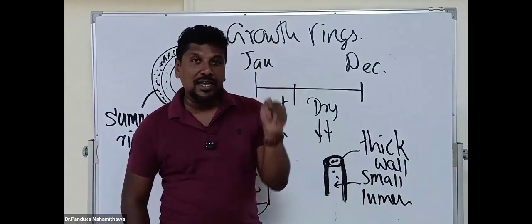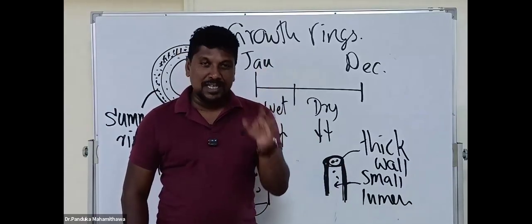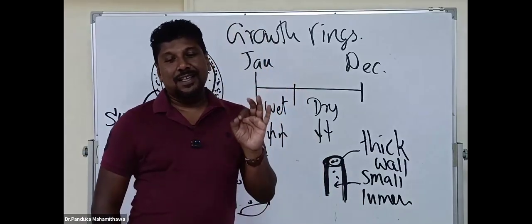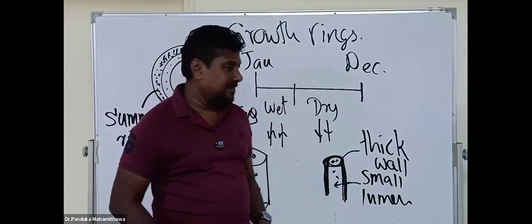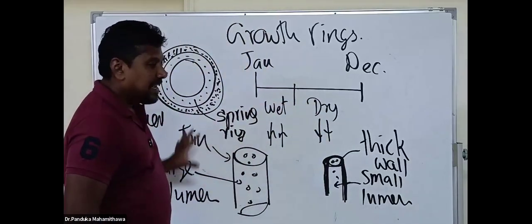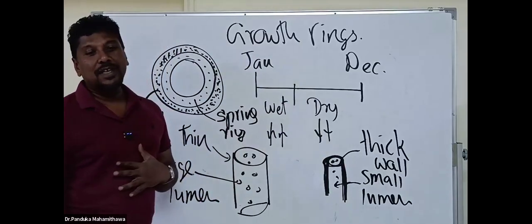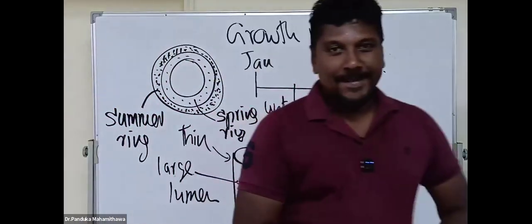If you have 14, that means 14 years. If you have 55 or 56, that is 55 or 56 years, which is the age of the plant. Okay, so this is what you have to know about the growth rings of a plant. Understood?